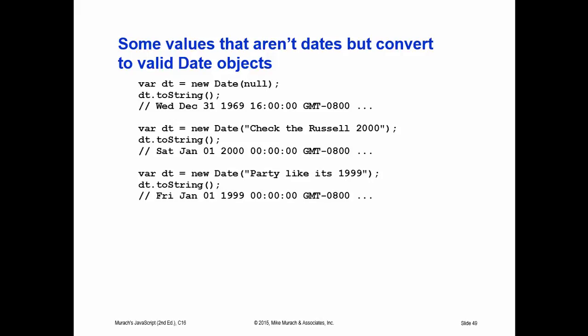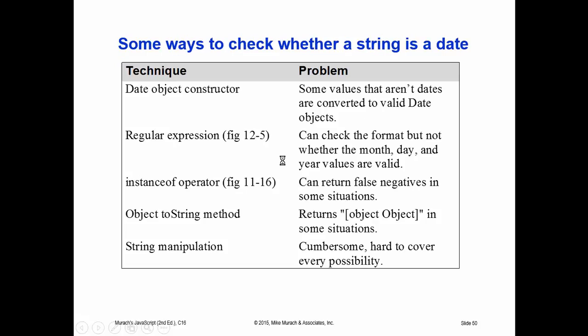All right? So you notice in here, Chuck the Russell 2000, notice what it does. Party like it's 1999. Even though these are not valid dates, this one and this one, they still convert to valid date objects. Again, these are the ways we mentioned before. I'll just leave that up there for a second here.